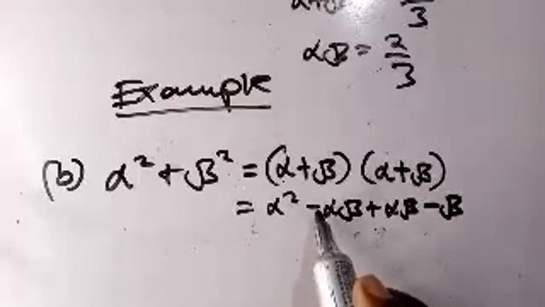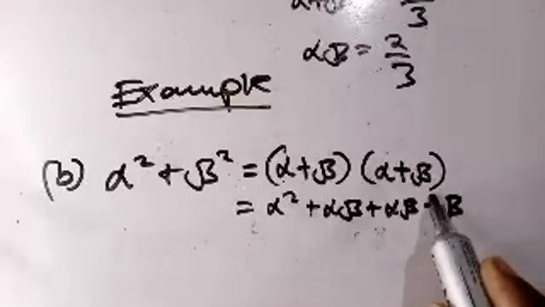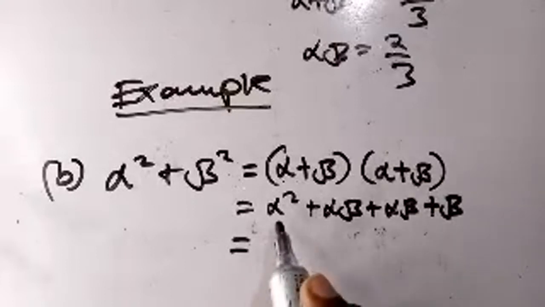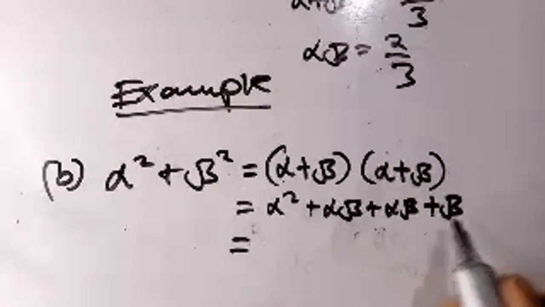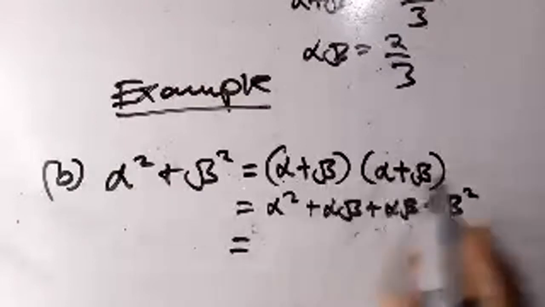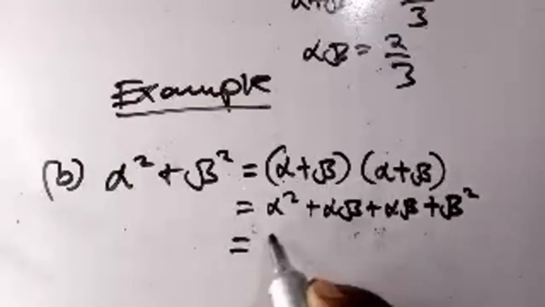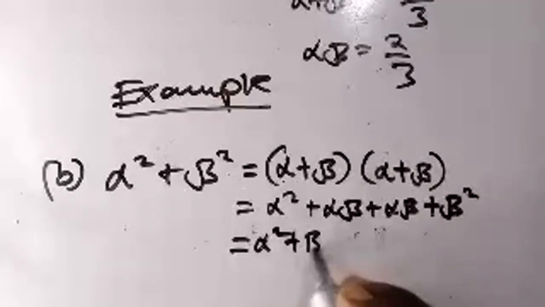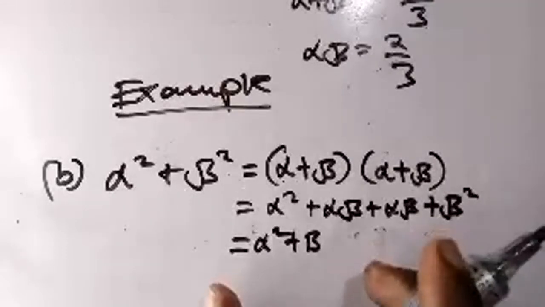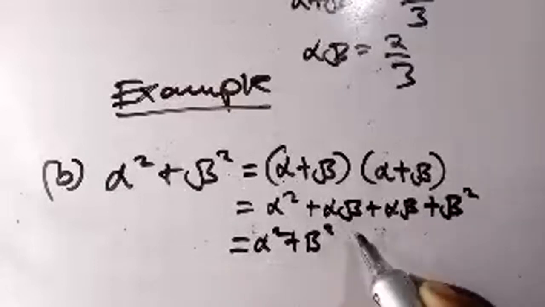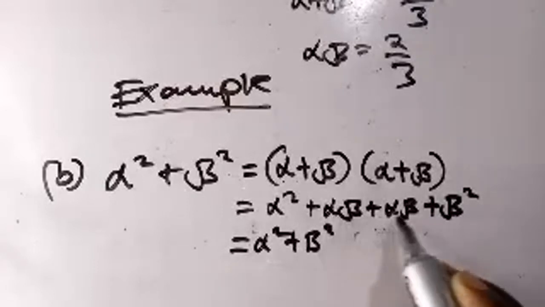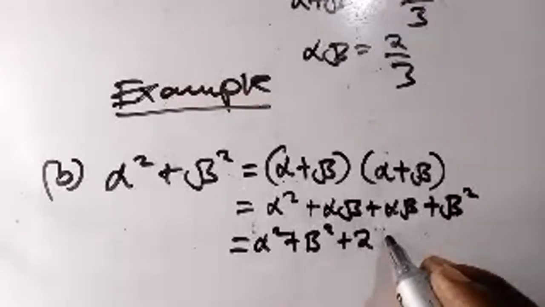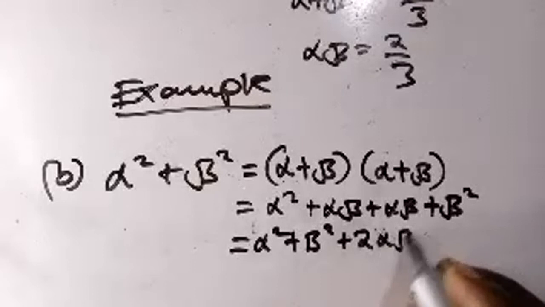So here it is supposed to be a positive even here, right? Then here it will be equal to beta squared, because beta times beta is beta squared. So we are going to get alpha squared plus beta squared, taking it into standard form. Then alpha beta plus alpha beta, we are going to have plus 2 alpha beta.